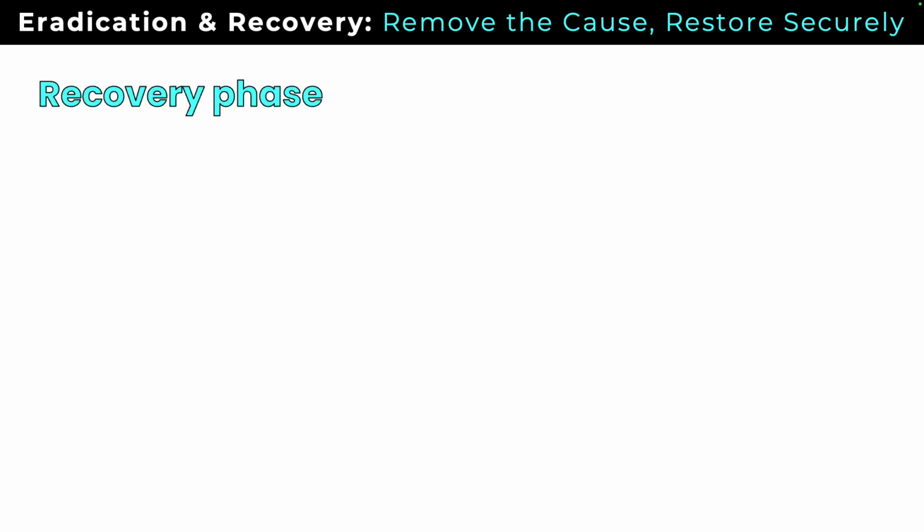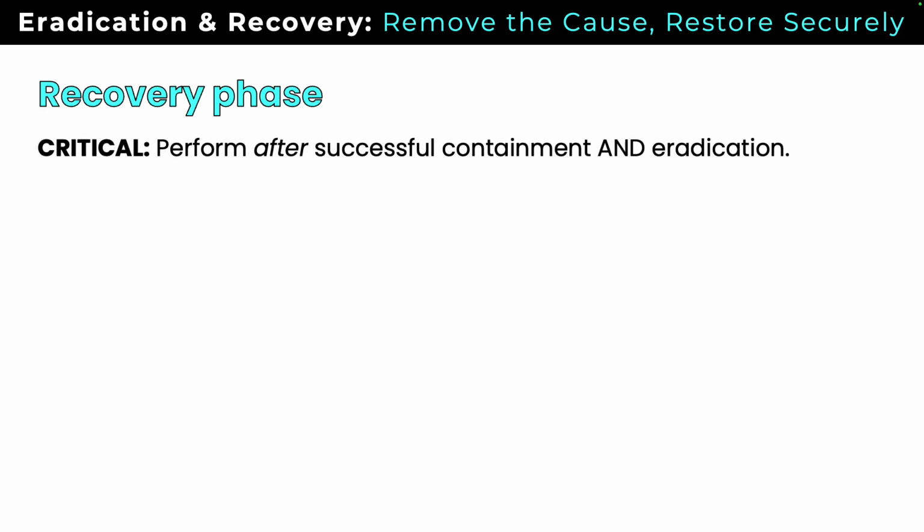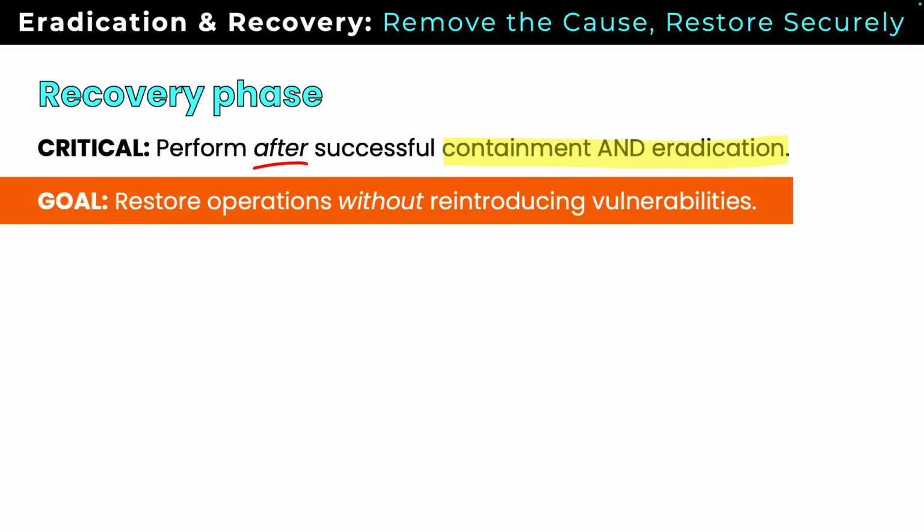So let's talk about the recovery phase. It's critical that we perform recovery after successful containment and eradication. The goal is to restore operations without reintroducing vulnerabilities. And that's a key decision point there, without reintroducing vulnerabilities, which means we don't want to rush the process.